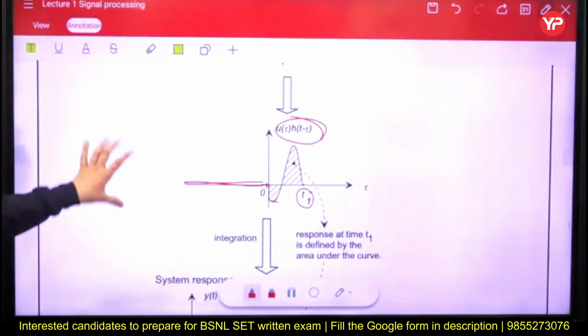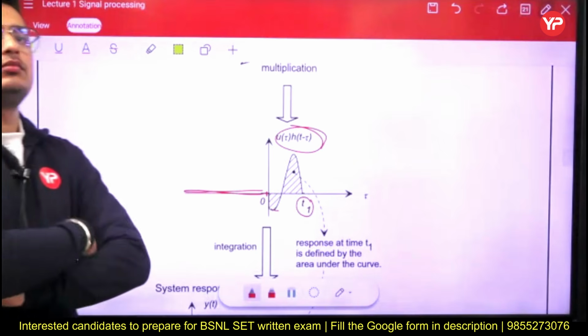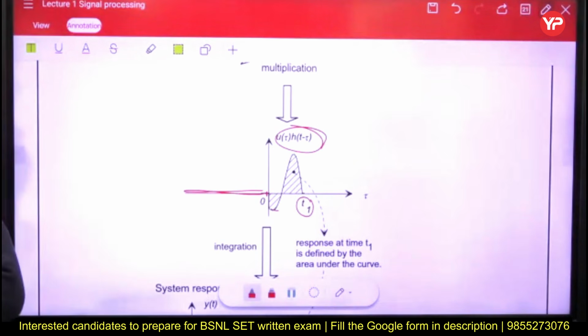Any doubt in this one? Then please ask. Yes, please, anyone have any doubt? Then please ask about this convolution.